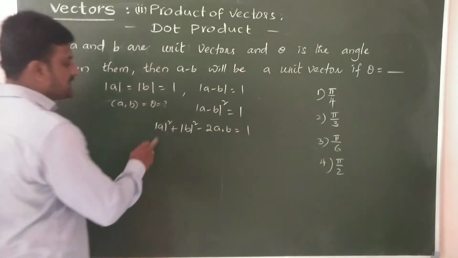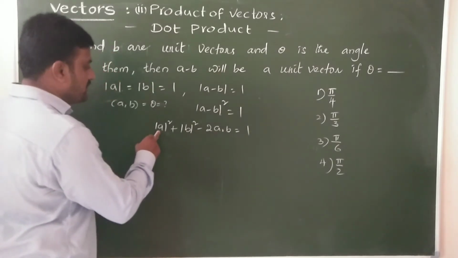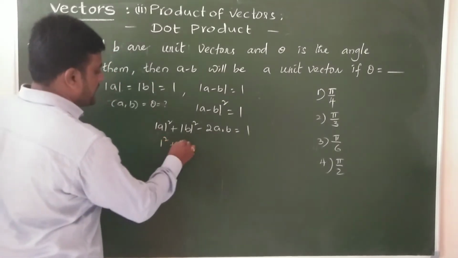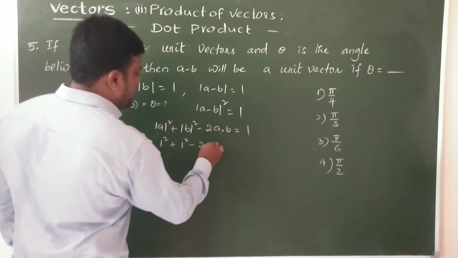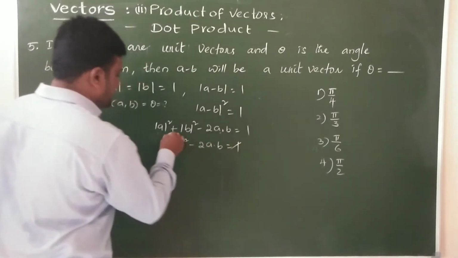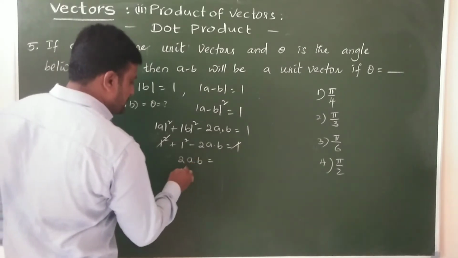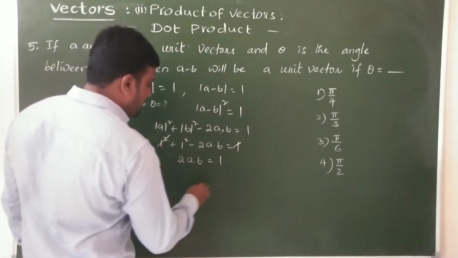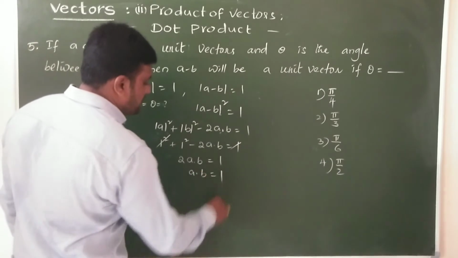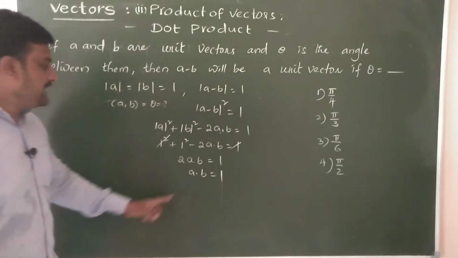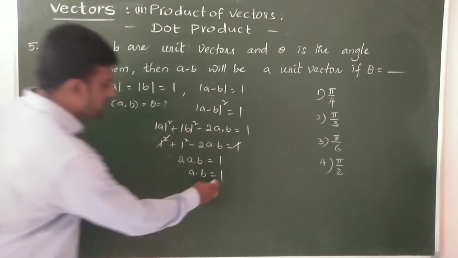It is like the previous question, yes or no? Now it is 1 and 1 minus 2 A dot B equals 1. The 1 and 1 cancel and it remains 2 A dot B equals 1, then A dot B equals 1 by 2.